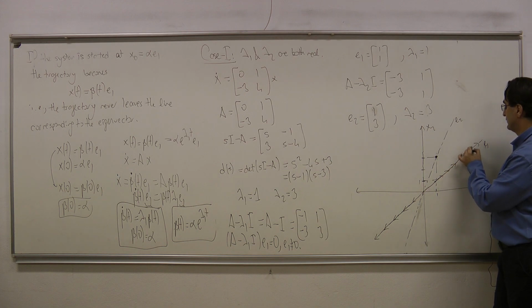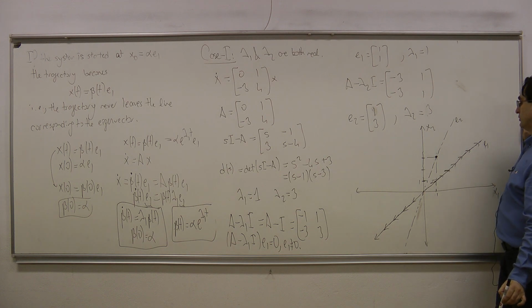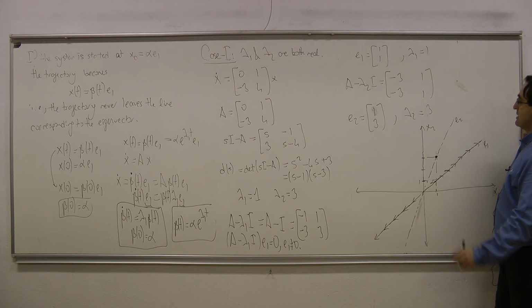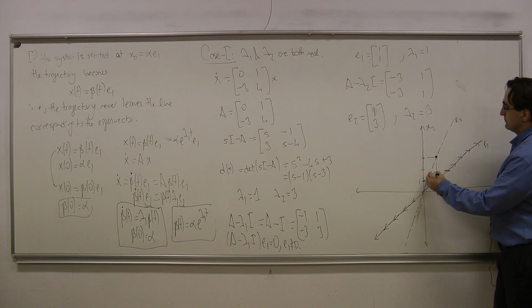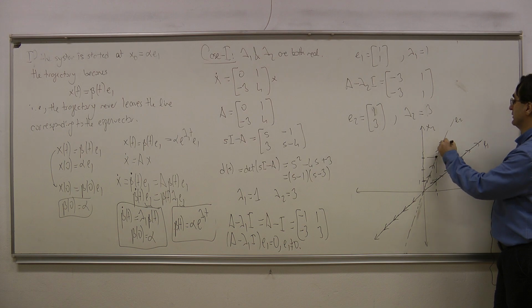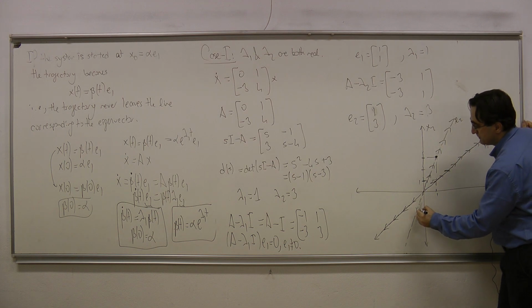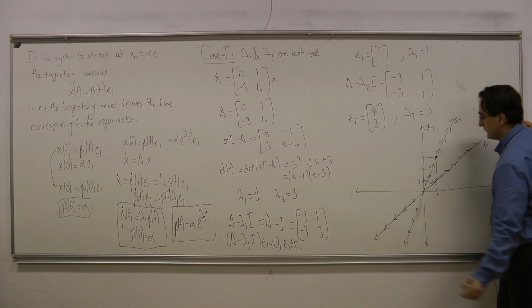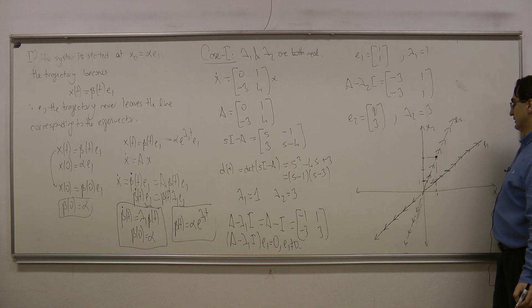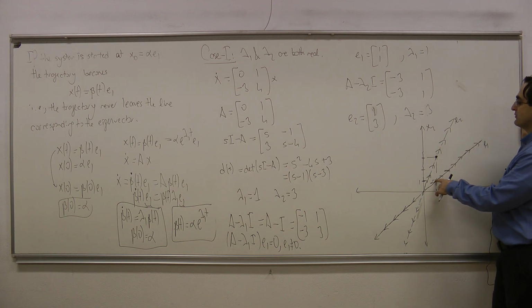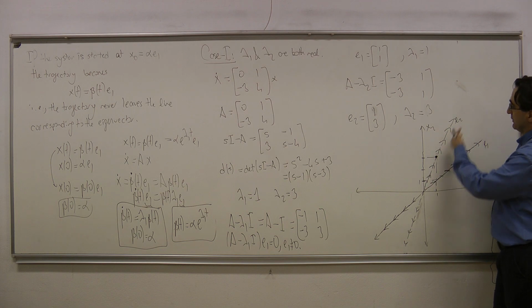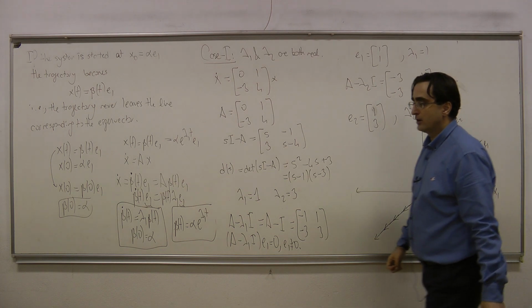So on these lines, the motion would be away from the origin and going towards infinity in both cases. And what about the other one? The other one would be similar. And I would have motions given like this. So when I start the state on this line, the state will remain here, but it would diverge towards infinity. And similarly for the other eigenvector.